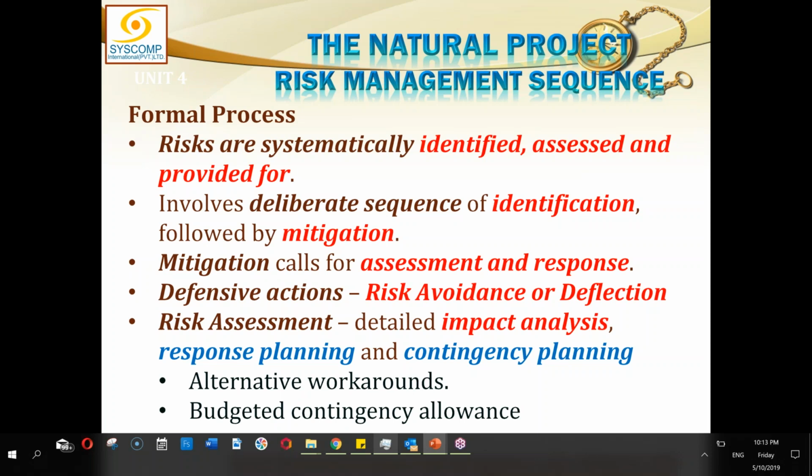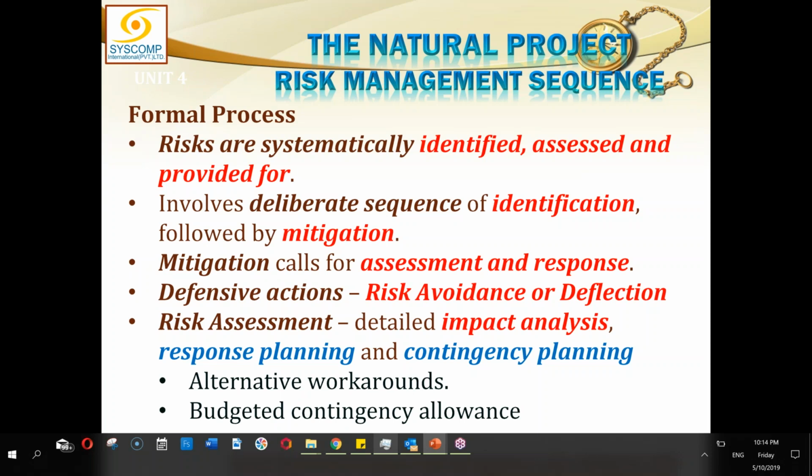Risk assessment is that detailed impact analysis, response planning, and contingency planning. This all is part of the assessment. Alternative workarounds could also be thought about, but workarounds from the PMI perspective are not the responsibility of risk management.